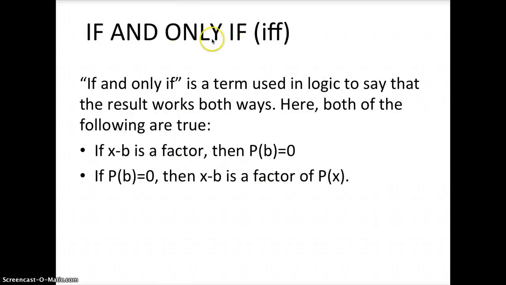If and only if is a term used in logic to say that the result works both ways. Here, both of the following are true. If x minus b is a factor, then P(b) equals 0. If P(b) is equal to 0, then x minus b is a factor of P(x).